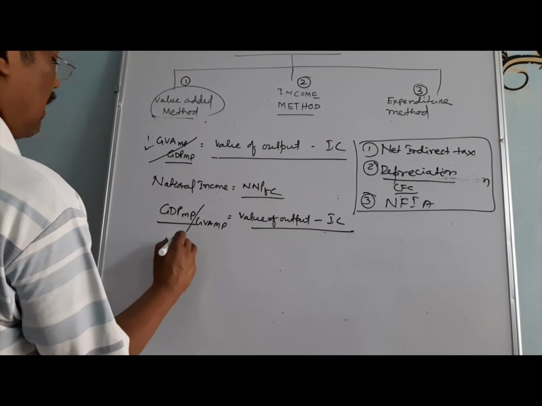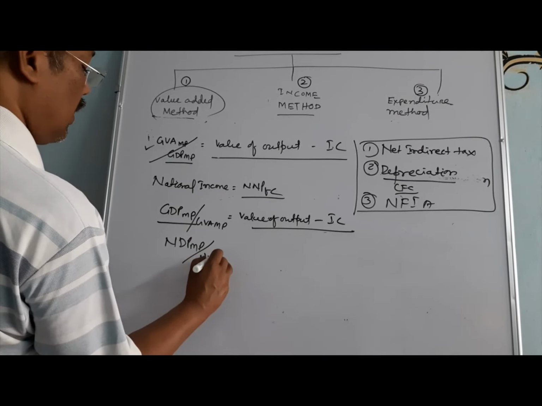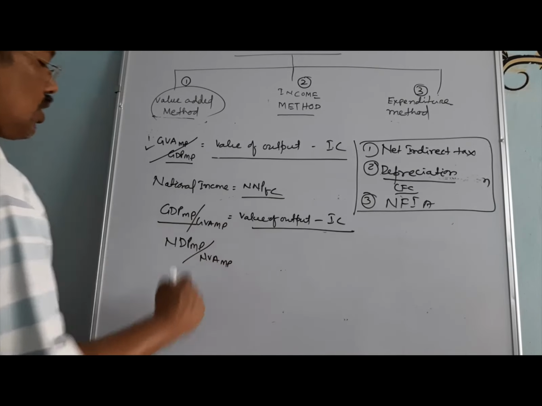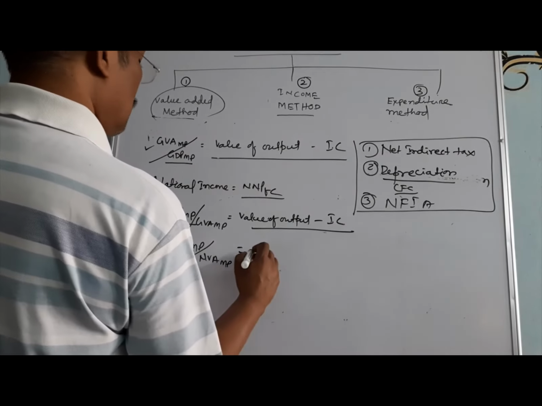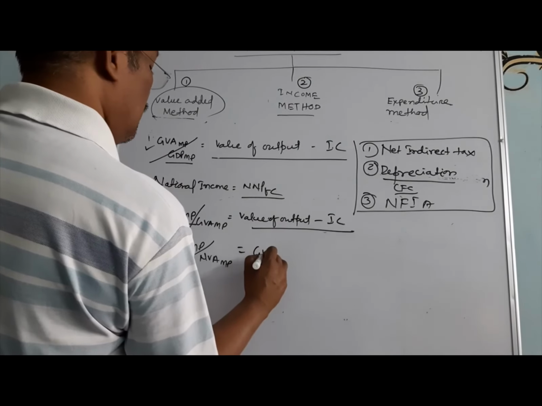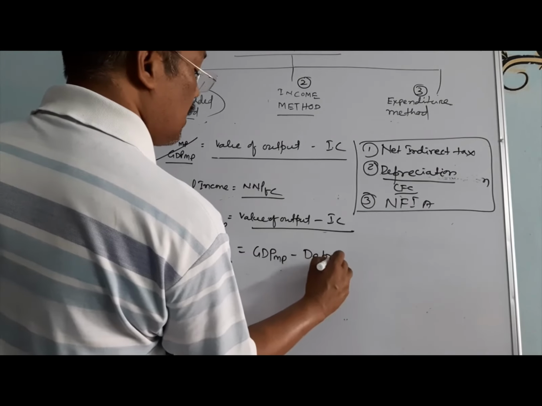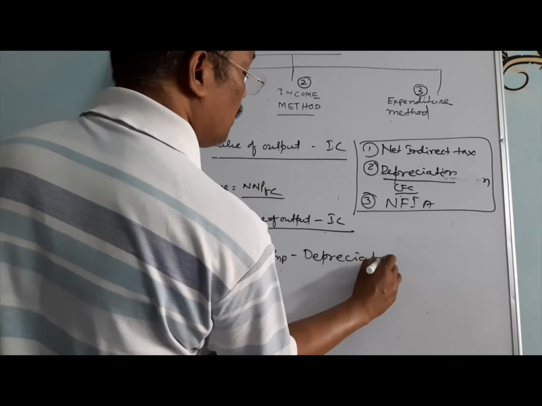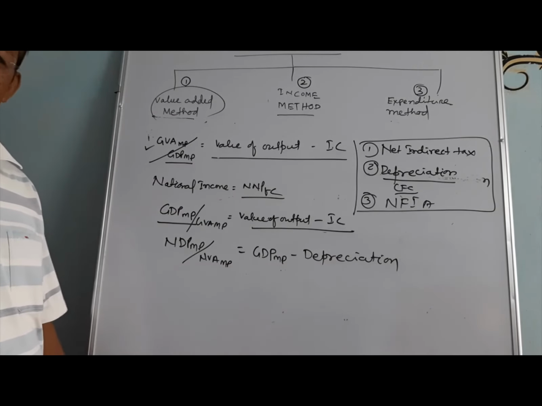Then we have to find out NDP at market price, or net value added market price, which equals GDP at market price minus depreciation.